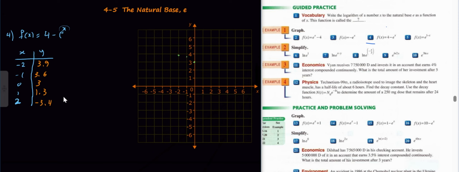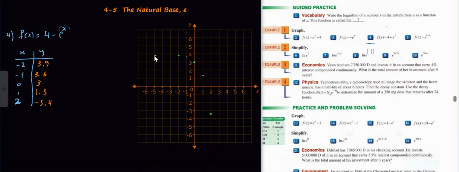And we have 1 with 1.3. It's nearly here. And we have 2 with -3.4. That's it. Now we have to graph it.